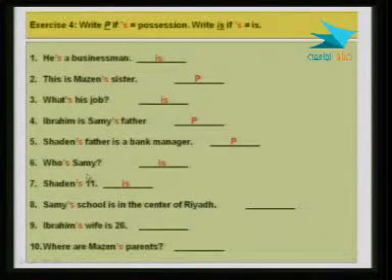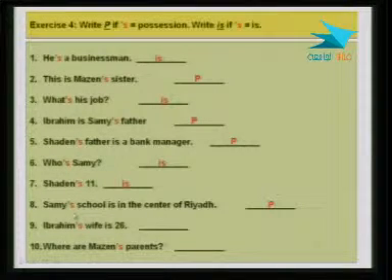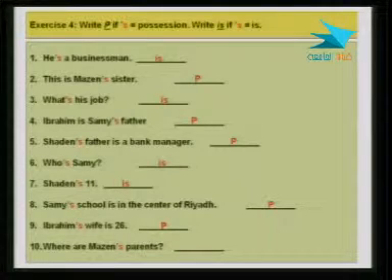Number 8 Sammy's school is in the center of Riyadh. هنا أيضا it's P. And the next one Ibrahim's wife is 26, that's P. And where are Mazin's parents? That's also P. All right, next exercise.